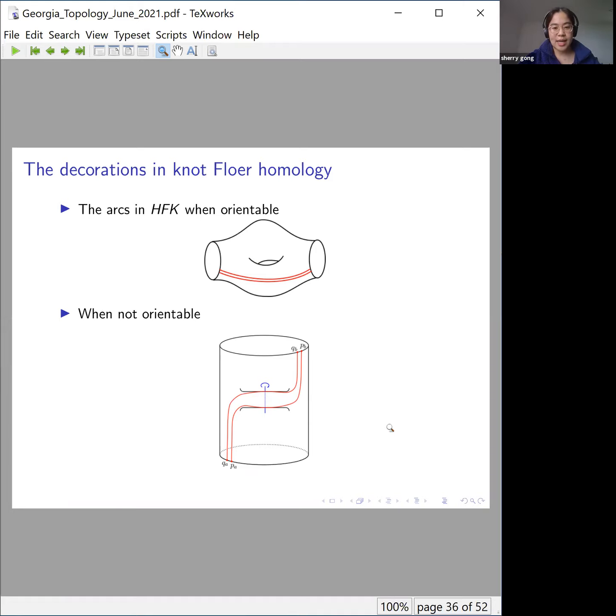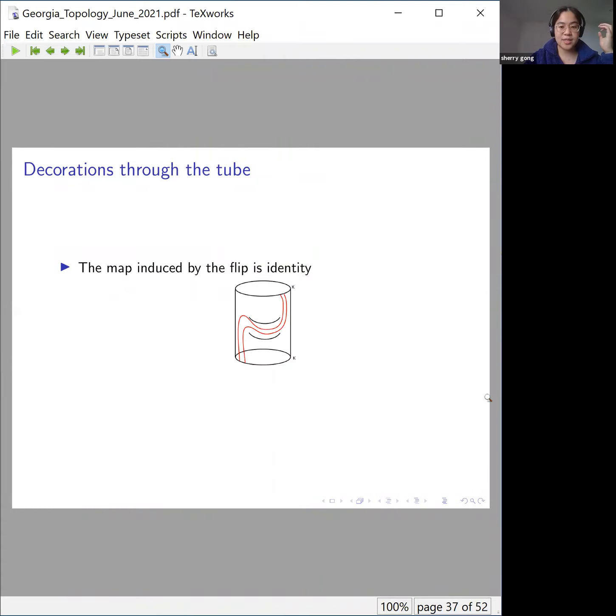Once you've done this, it turns out that if you have a tube that has a flip in it with arcs going down the ends, then the flip map actually just induces the identity. So this picture induces the same map as without the flip. So now it's orientable. But there's still a little bit of a problem here in that even though we've now made the cobordism orientable, the arcs are still going through this extra tube, which we don't want, right?